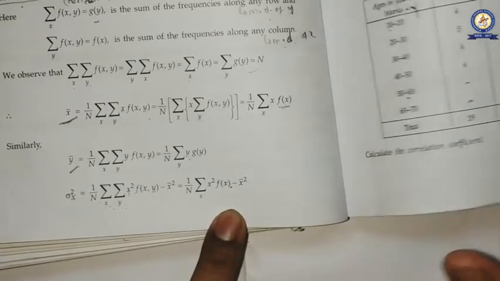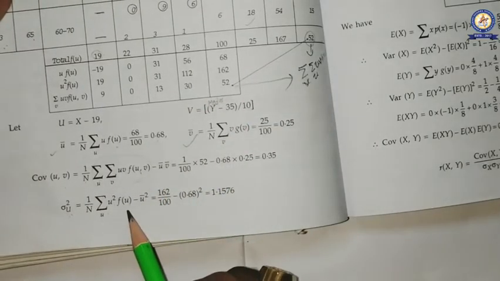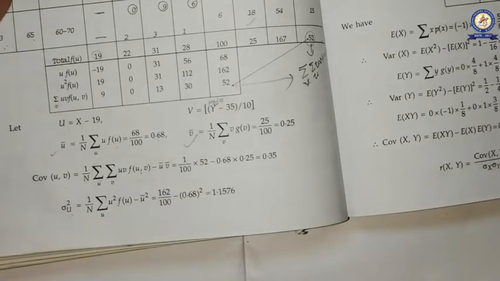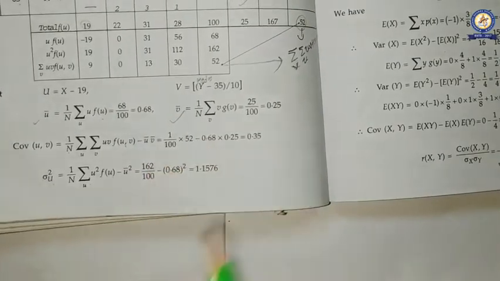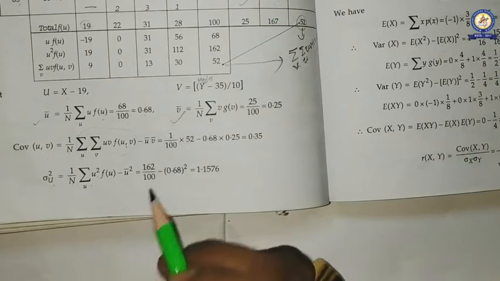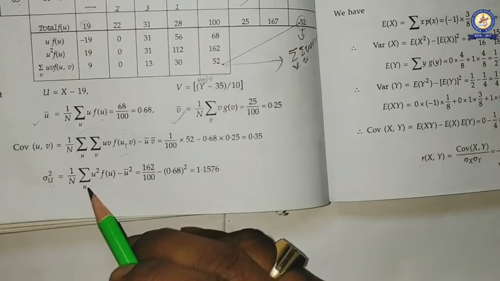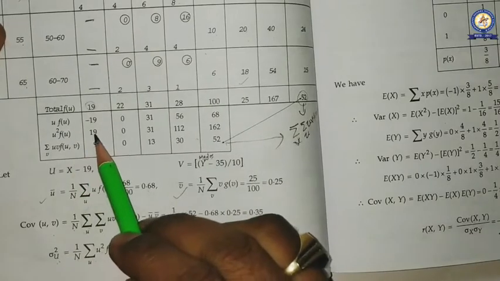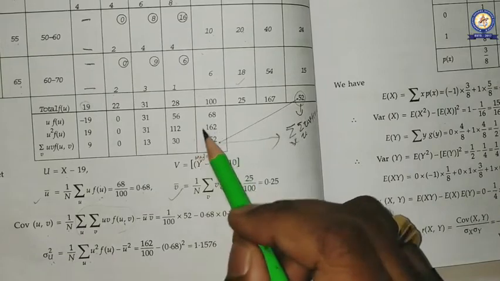As the random variable here is u, this will be u square f(u) minus u mean square, and the summation runs over u. Corresponding values we already evaluated: the n value is 100, and the summation of u square f(u), that means this plus this, 19 plus 0 plus 31 plus 112, will be equal to 162.